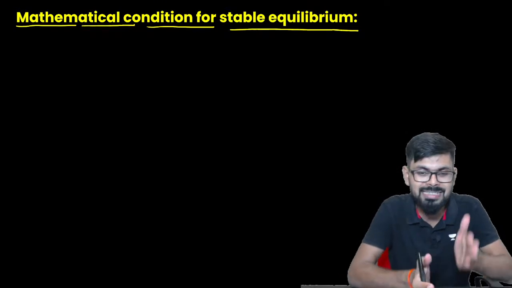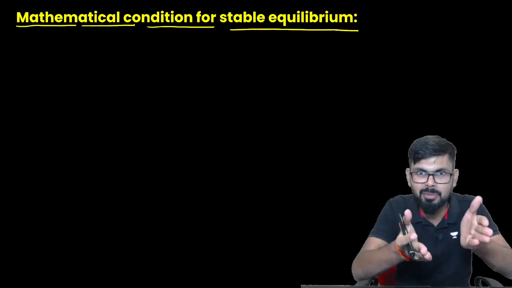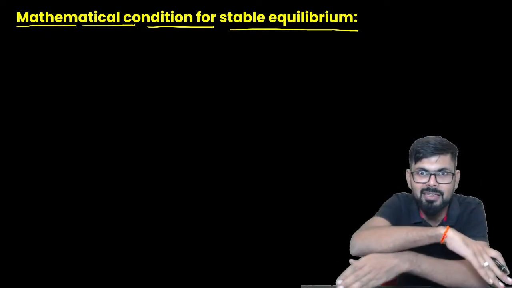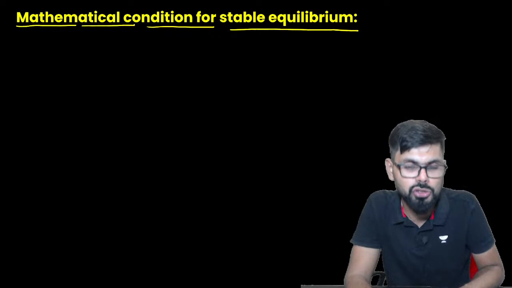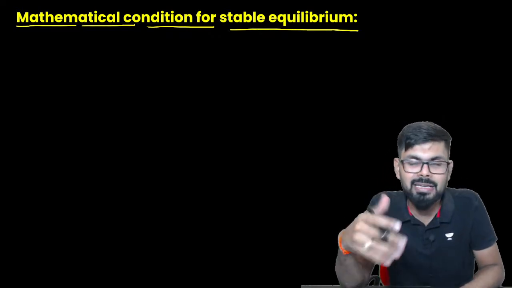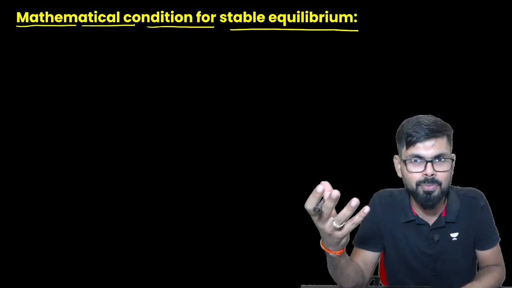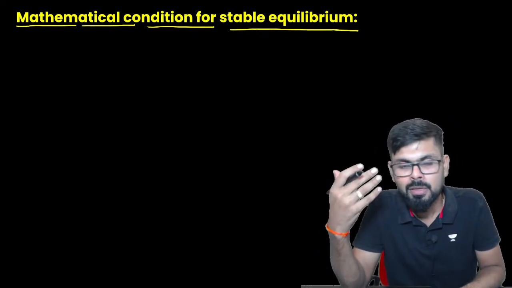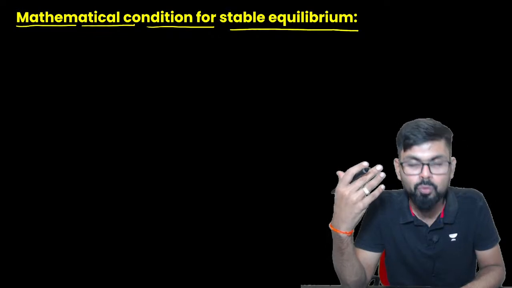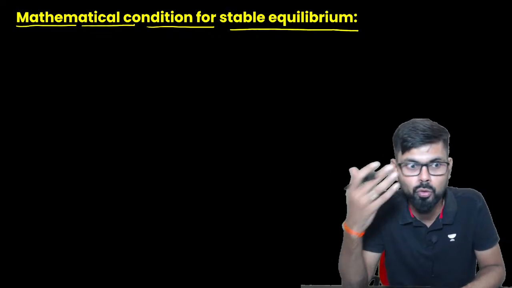Then you are stable only in certain conditions, but your metacentric height is less, so what happens, it may overturn. But your friend will remain in stable equilibrium in that condition also. So what I am trying to say is, the higher the metacentric height, the more stable the condition.